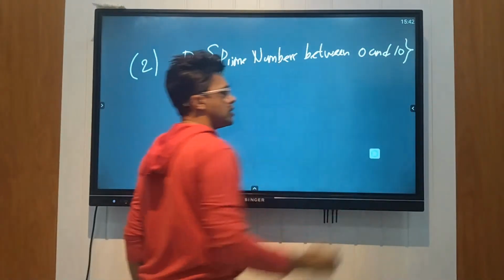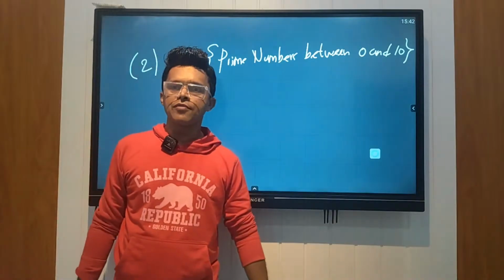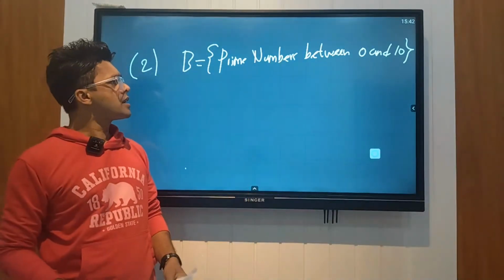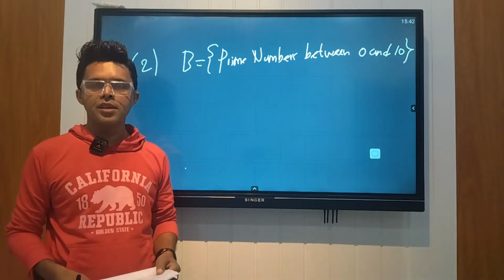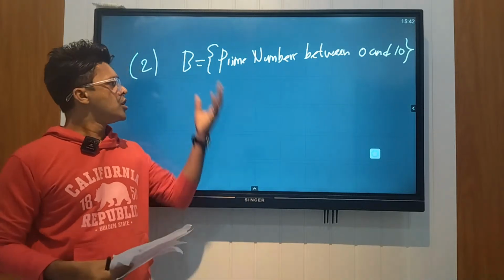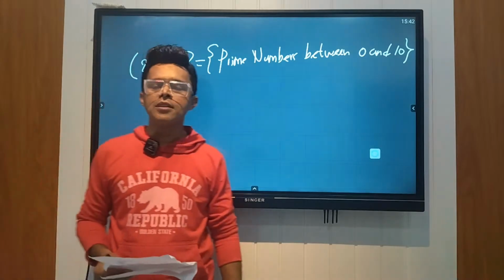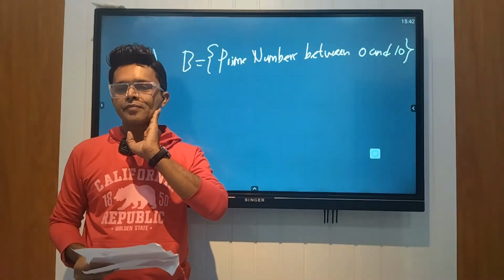You need to consider prime numbers between 0 and 10. The question is, you need to write the elements of the set B here.